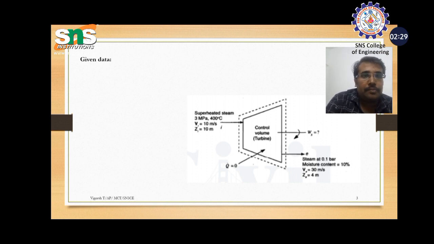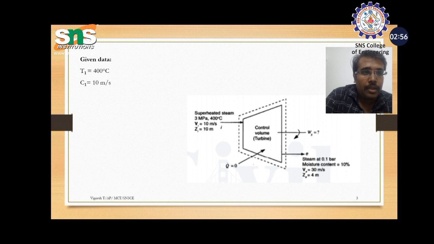In my previous problems the potential energy was neglected, because the turbine or nozzle or whatever device was placed at ground level, so we could neglect the potential energy. But here we are going to consider the potential energy as well.